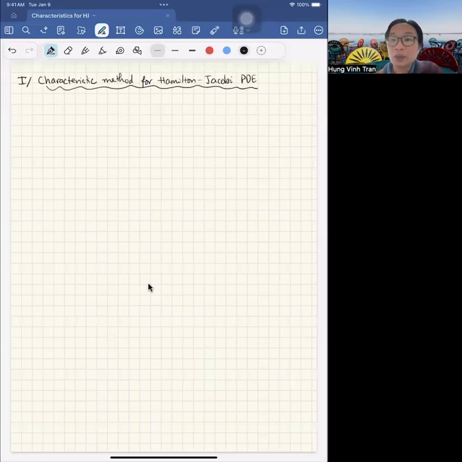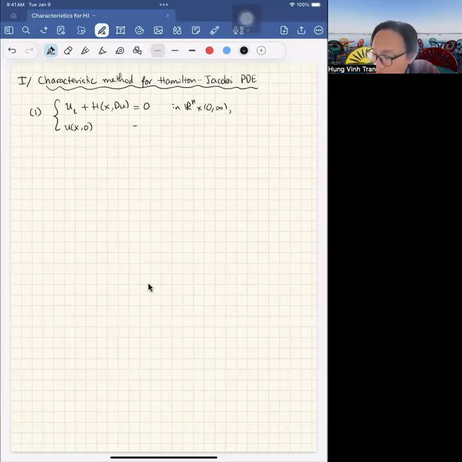We will start with a more general situation, and then when we talk about local wellposedness, we will talk about a simpler version, but the result is quite clear. So we start with this equation that we have seen so far: u_t plus H of x, Du equal to 0. And we are given the initial condition u of x, 0 equals g of x on R^n.